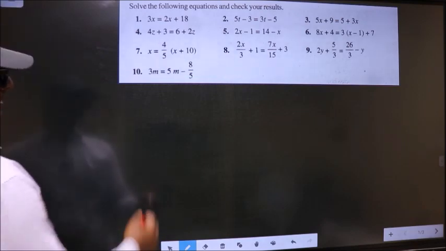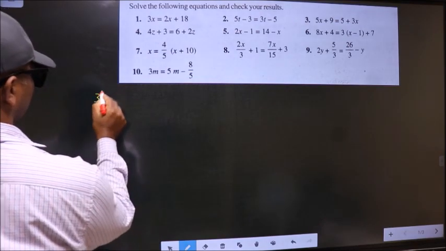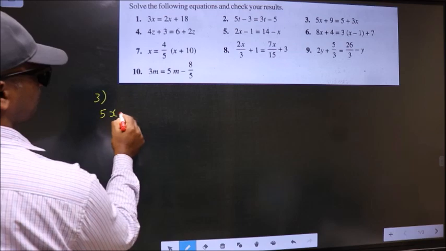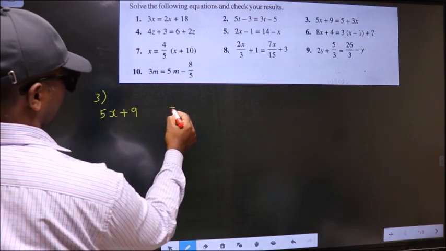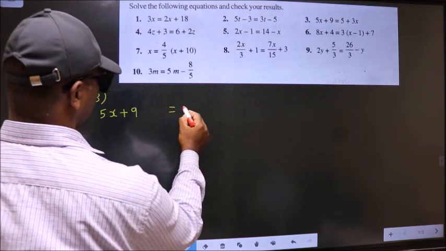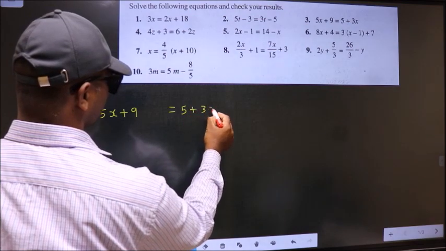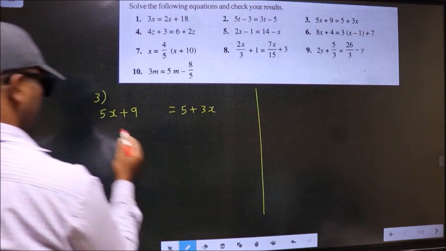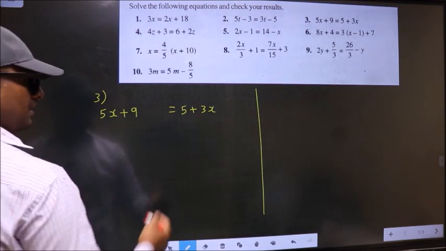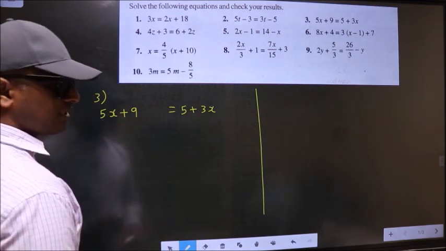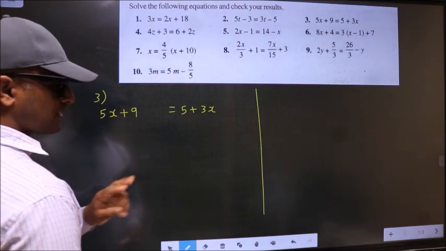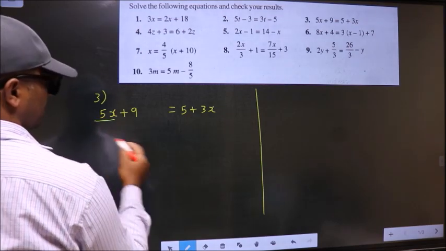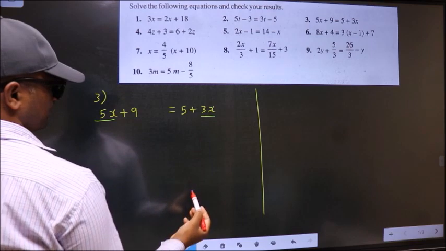Question 3. 5x plus 9 equal to 5 plus 3x. Now, in this equation, we have got x terms present in two places, that is here and also here.